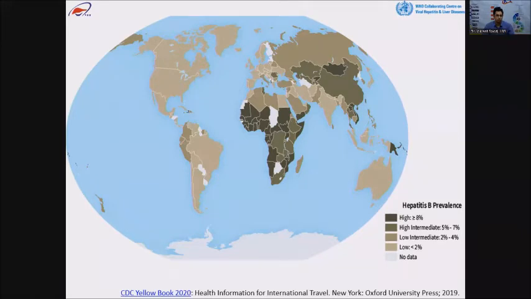If you belong to some high risk group, say if you see a child in your family whose mother is hepatitis B or hepatitis C positive, you should always get that child tested, and the entire family should test. If you engage in high risk behaviors like unprotected sex, if there was a blood transfusion in the past in which you're not sure whether the quality was good, or some IV drug abuse, or some operations in which unsterile practices were used.